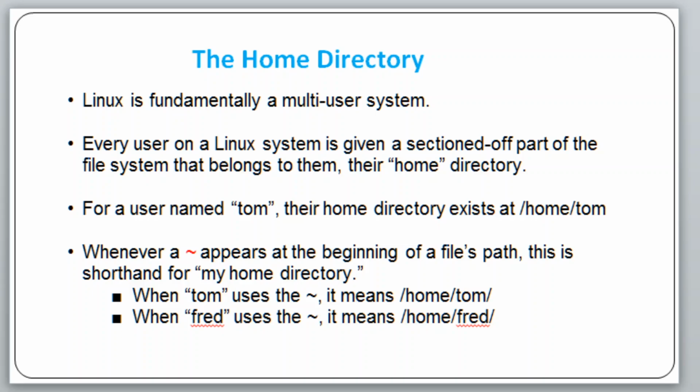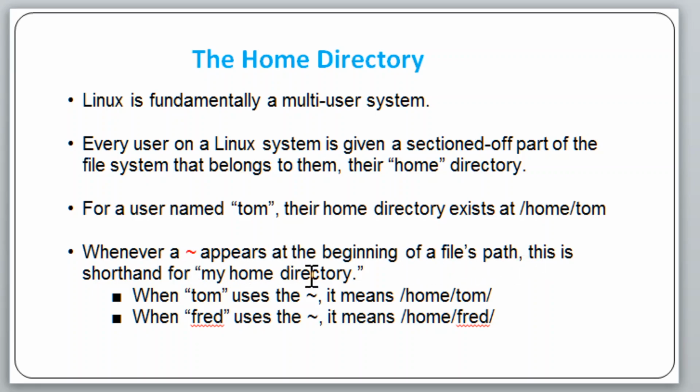Alright, so moving on, we're going to talk about the home directory. Linux is fundamentally a multi-user system. Every user on a Linux system is given a sectioned off part of the file system that belongs to them, or their home directory. So for a user named Tom, their home directory exists at /home/Tom. Whenever a squiggly line, also called a tilde, T-I-L-D-E, appears at the beginning of a file path, this is shorthand for my home directory.